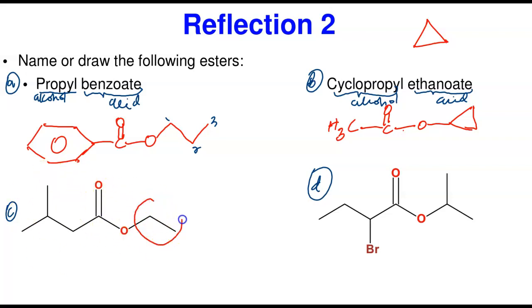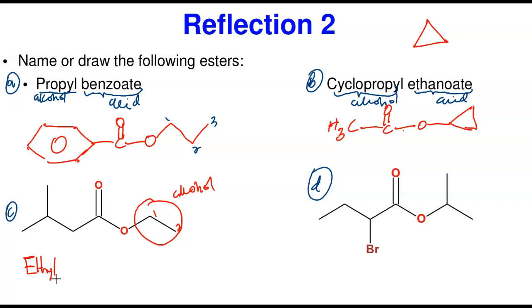What it means is this is from the alcohol. So I'm going to name this. What is this? No, that's a mistake. So this is 1, 2. So 1, 2 means ethyl. So I'm going to say ethyl.